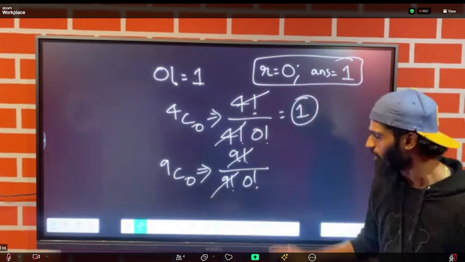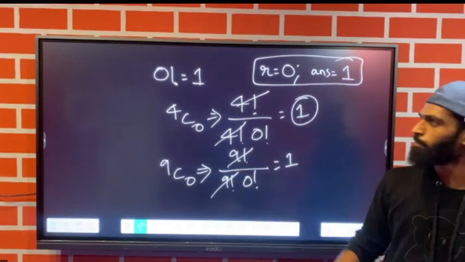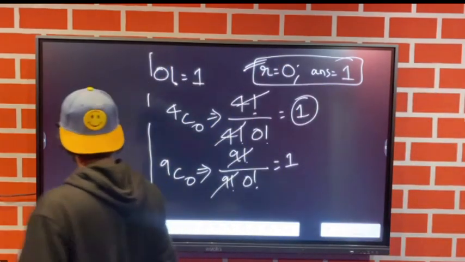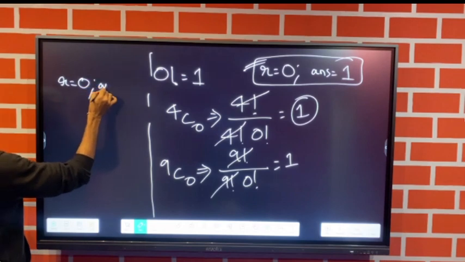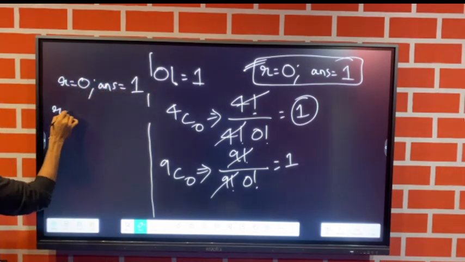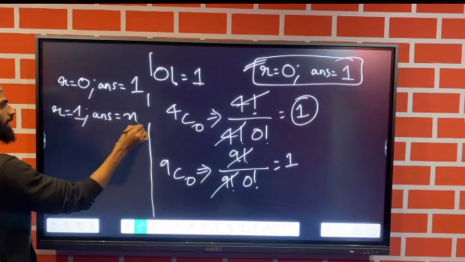The 9 factorial gets cancelled. What is 0 factorial? 1. So 1 by 1. Do it for any number, this trick will hold good. Let me make a note of everything here. When r is equal to 0, the answer is always equal to 1. When r is equal to 1, the answer is always equal to n.